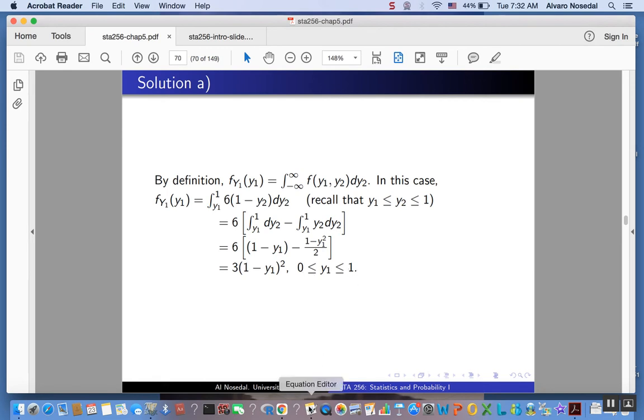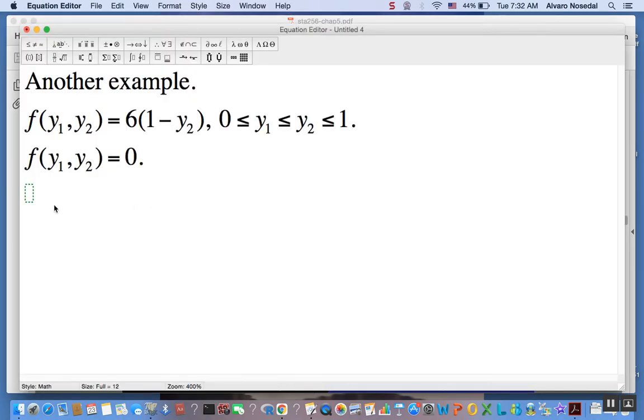So the marginal of y1 is just 3 times (1 minus y1) squared.